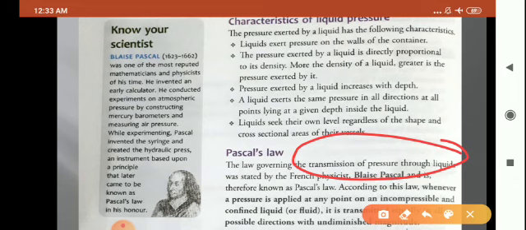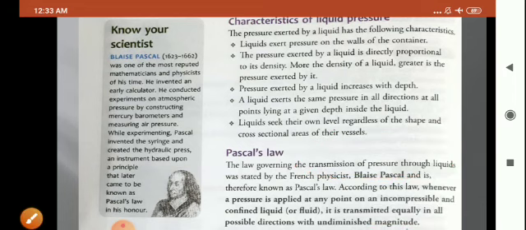Now this law is very important, okay, and if it comes in your exam, do understand this, and since it is a law, try to write in its same language. Now what is this law? According to this law, whenever a pressure is applied at any point of an incompressible and confined liquid or fluid, it is transmitted equally in all possible direction with undiminished magnitude.